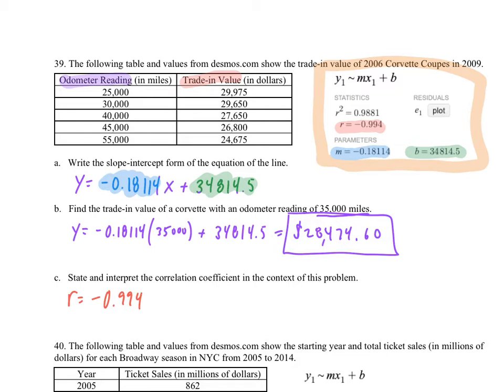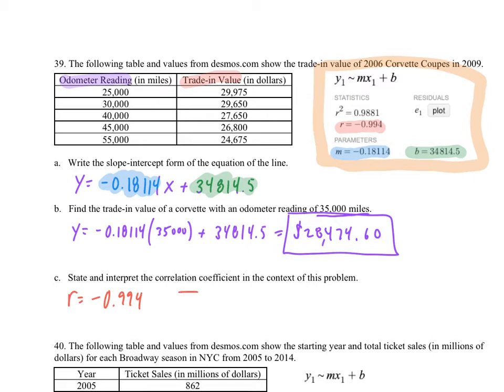Values near 0 were weak, whether weak positive or weak negative. In between there was moderate negative or moderate positive, and as we get closer and closer to 1, those were the strong correlations. So this number is really close to -1, so this is a strong negative correlation.